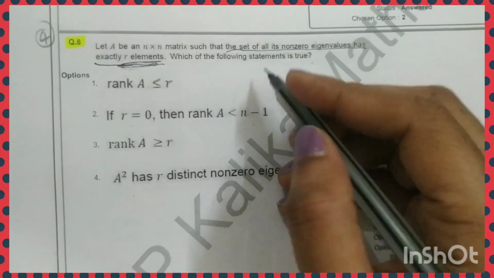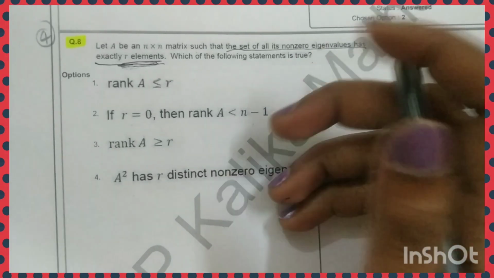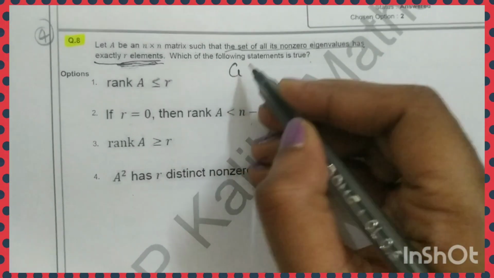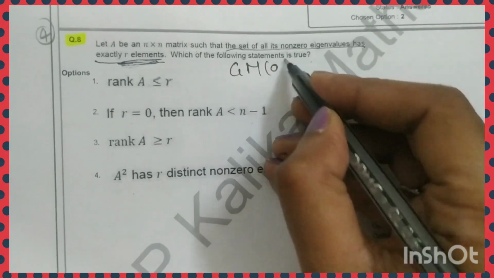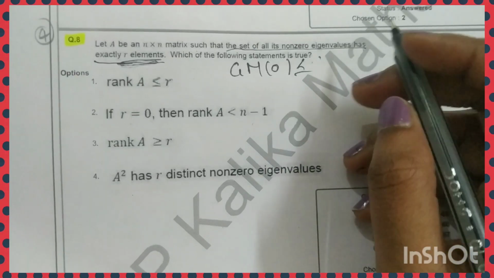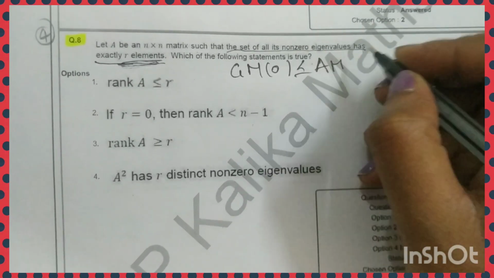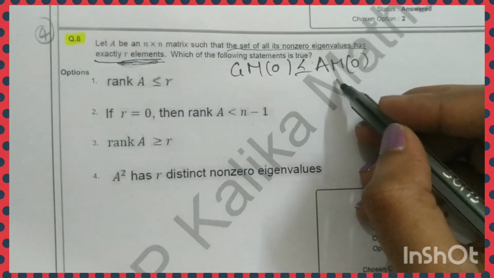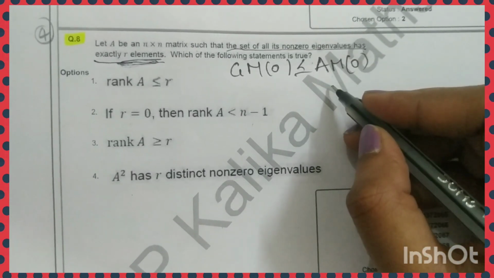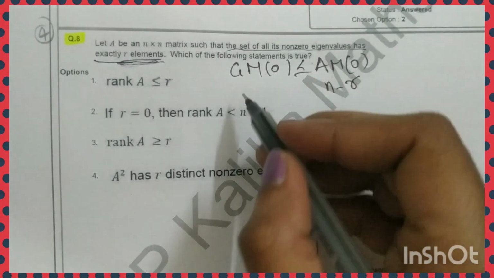What is GM here? As we know, GM of 0 is less than or equal to AM of 0. In general, GM of lambda i is equal to AM of lambda i, right? Here AM is N minus R. And what is your GM?